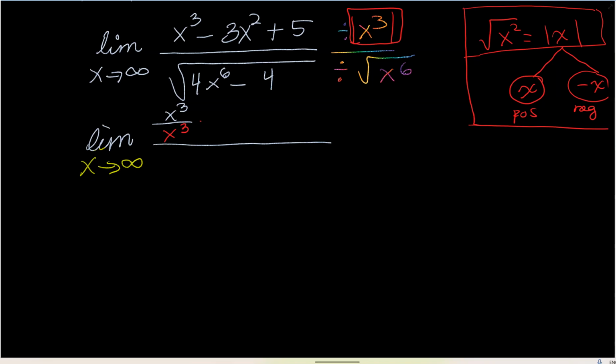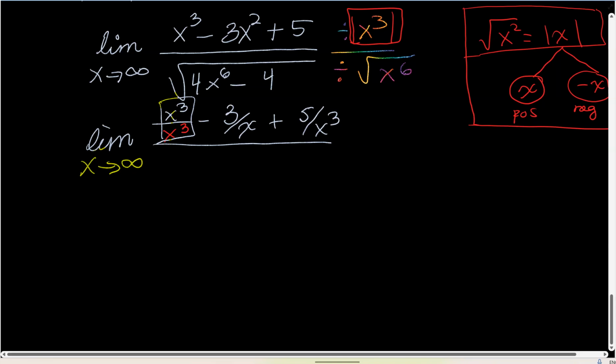So then you will have that, minus 3x squared divided by x to the third, which would be 3 divided by x, plus 5 over x to the third. And then here you would say this right here really is just 1.